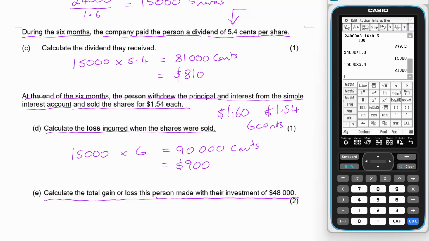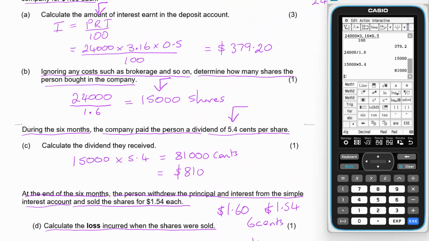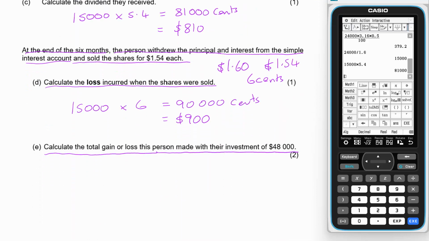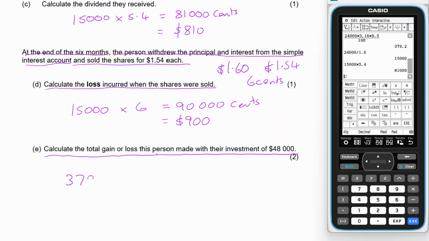So finally, what we want to do is calculate the total gain or loss this person made with their investment of 48,000. Well, we know from back at the beginning that they got some interest from their account. So that's in the plus column, 379.20. They also received dividends, $810.